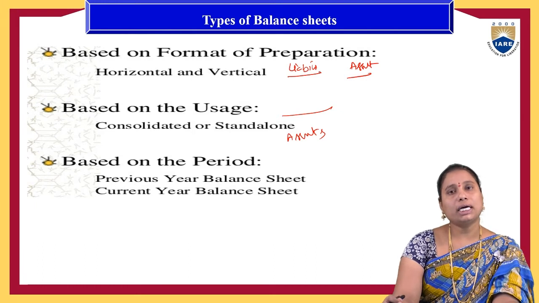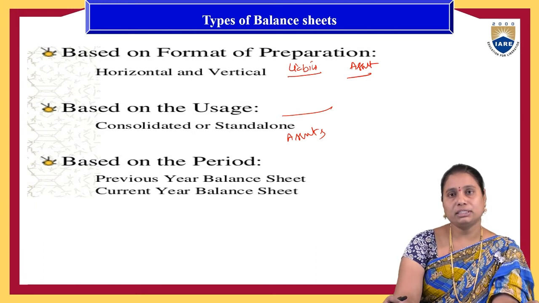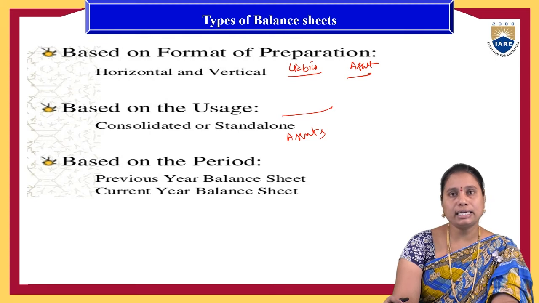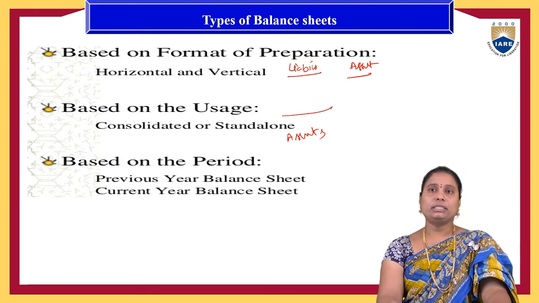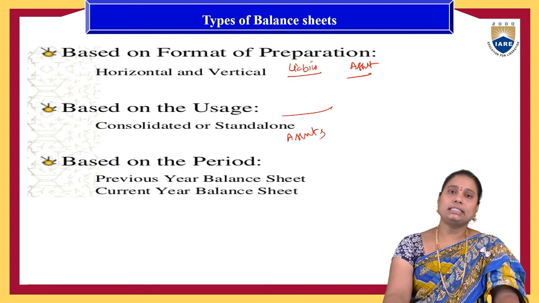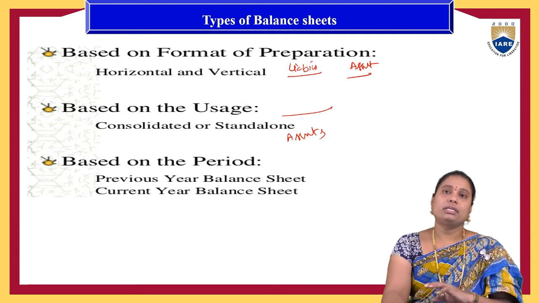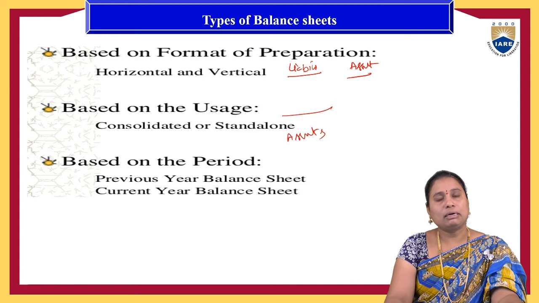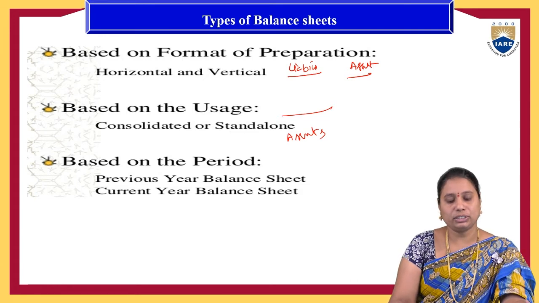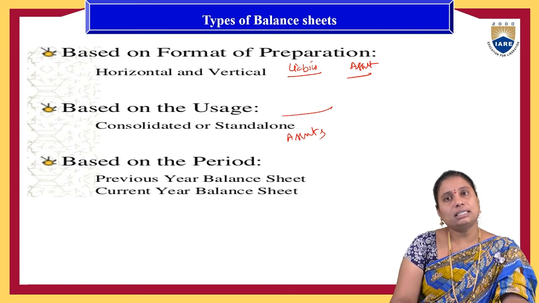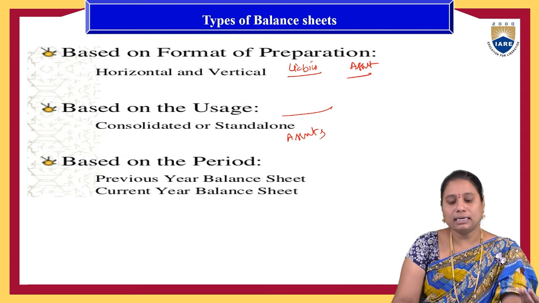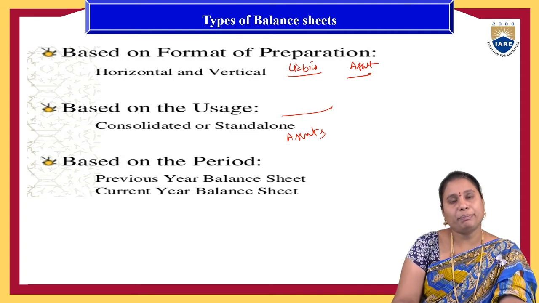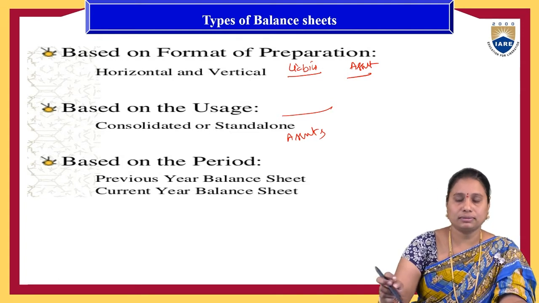If they prepare only within the organization's own assets and liabilities, that is called the standalone balance sheet. If they take the entire organizational level into consideration, for the entire group, then that is called the consolidated balance sheet. And based on time period, there is the current year balance sheet and the previous year's balance sheet.